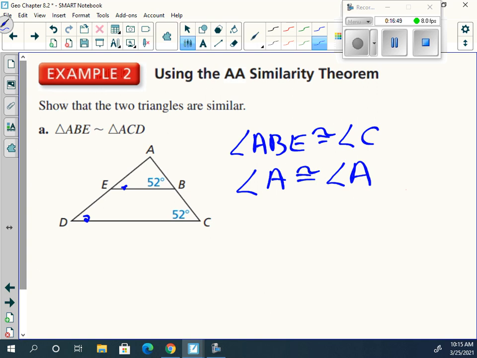Angle A. Because this triangle here and this triangle here both have angle A. They both have that same angle. It's a part of both of them. So it doesn't matter what the actual measure is, because whatever it is, it will be the same for both, because both of the triangles have that angle.